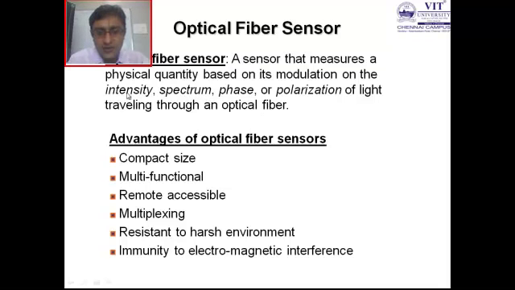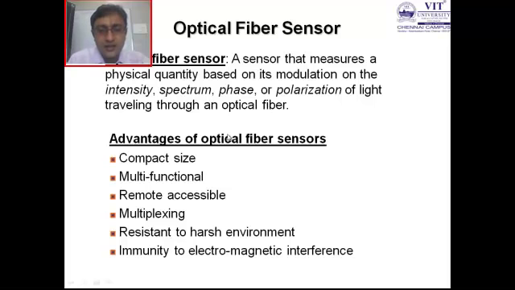Here, intensity is intensity, spectrum refers to wavelength, phase refers to the angle, and polarization to the polarization angle. These four parameters concerned with optical fiber sensors are being changed in the optical fiber in order to modulate the light which travels through the fiber, through the sensing media and reaches the detector.